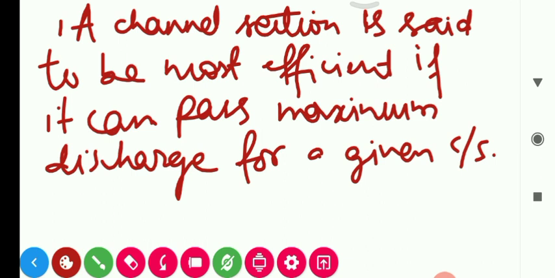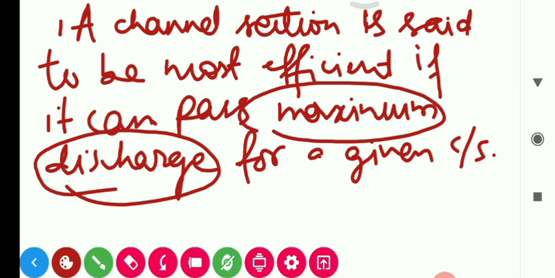Okay, what do we need? We need maximum discharge, okay, for a certain cross section.